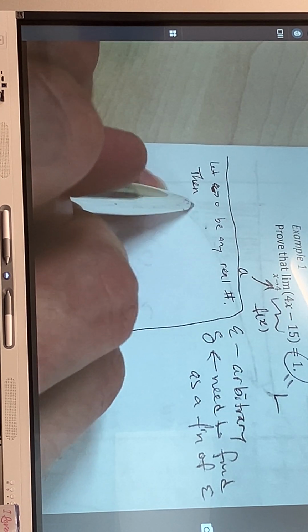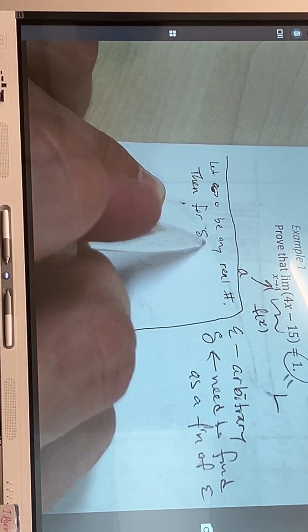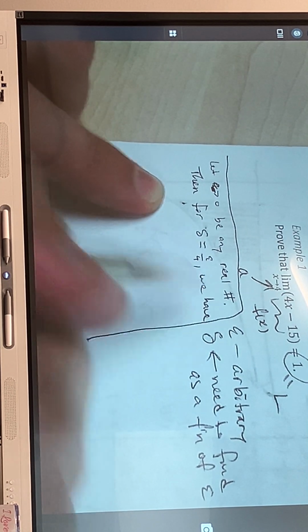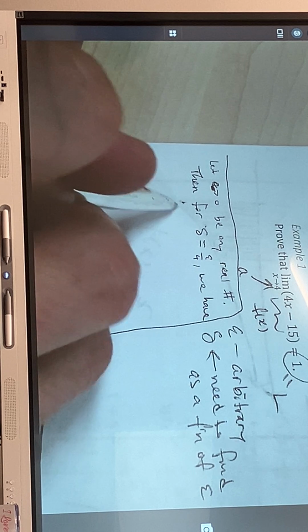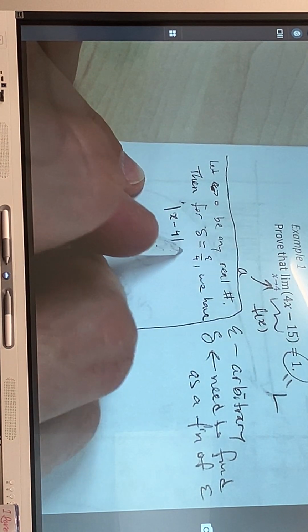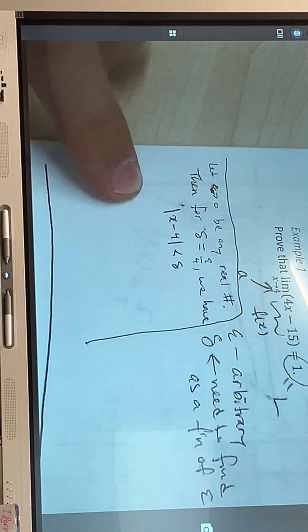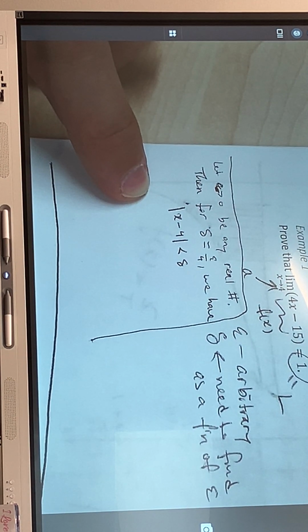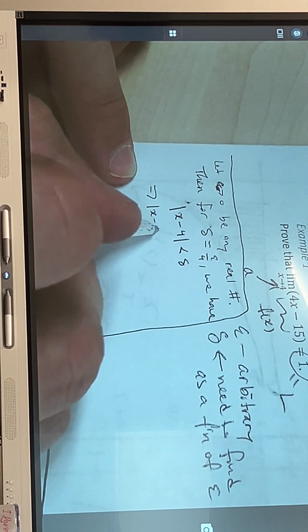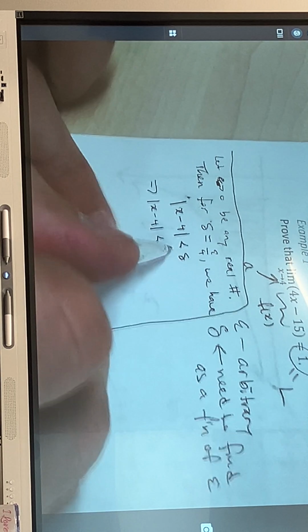We'll say this one then for delta equals epsilon over 4. We have the absolute value of x minus 4 less than delta, which implies that x minus 4 is less than, we can put in our delta value, epsilon over 4.